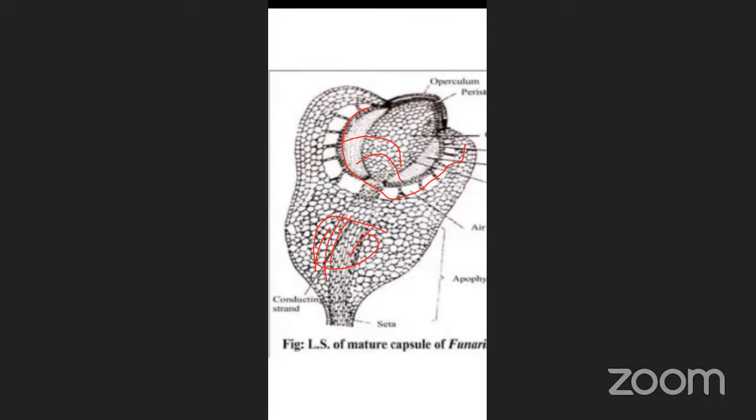Reduction means the sporogenous tissue is reduced. So that's why they are telling the evolution of the sporophyte is downwards, by Kashyap and Goebel. So here the series shows retrogressive evolution.